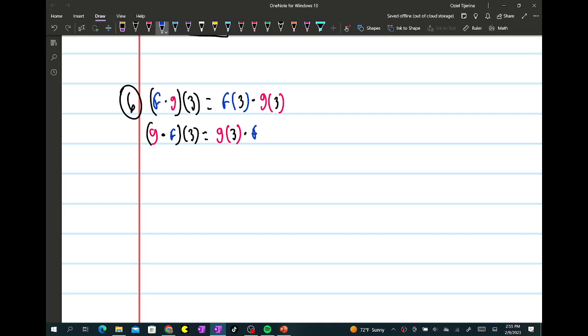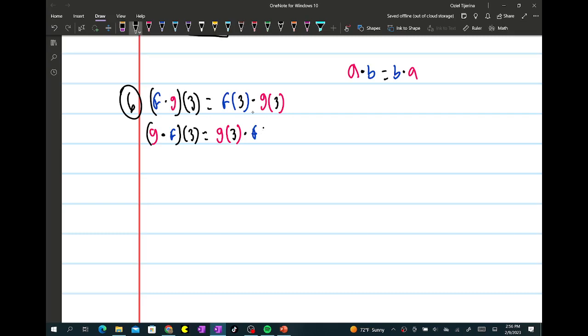It's just like the last example where I said a times b is equal to b times a. It also applies here to this problem when you're evaluating, not composition of functions, but operations of functions given a specific x value, or a specific number to evaluate.